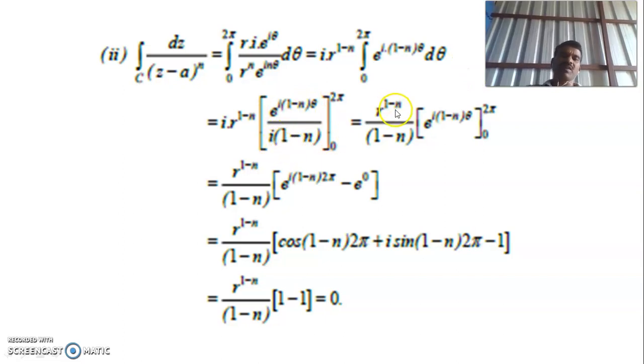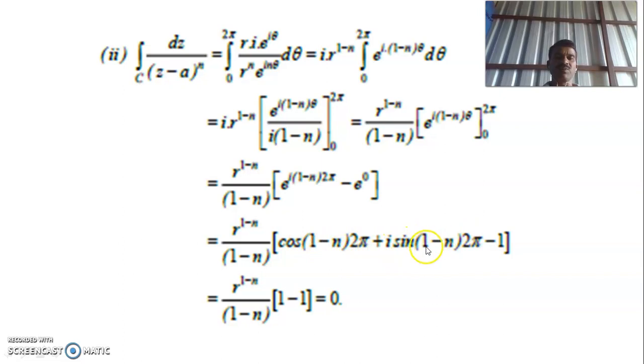So that term is common there, because over the domain 0 to 2 pi, we substitute e power i into (1 minus n) theta, where theta is 2 pi and 0. Then using de Moivre's theorem, e power 0 is 1, and this is an even term, so the first term is also 1.